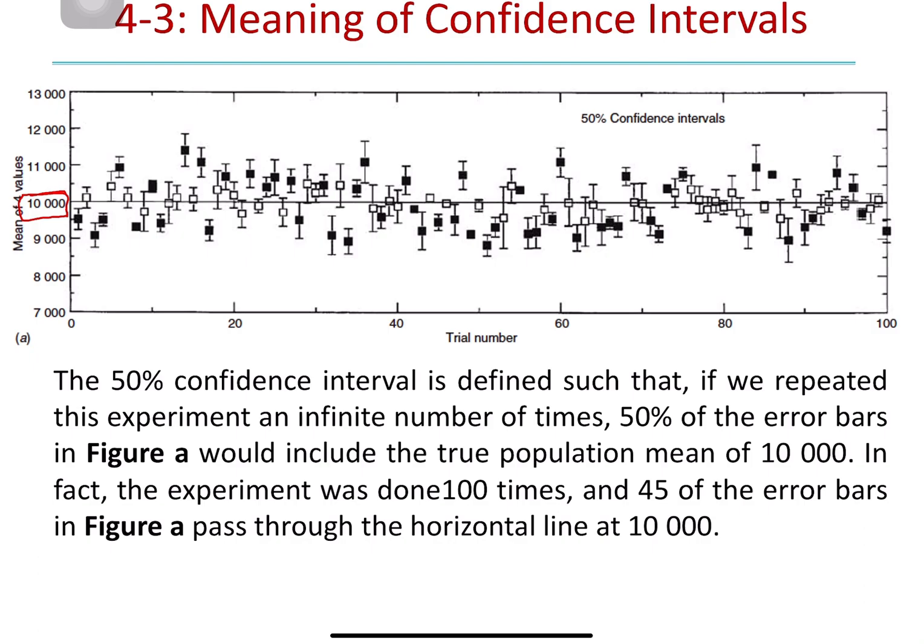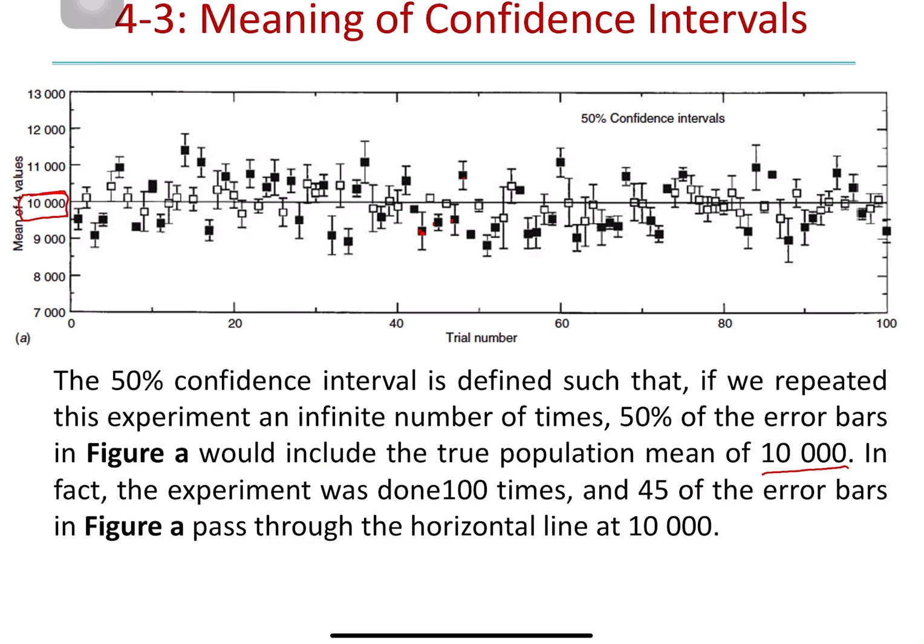Now we only ran this experiment 100 times. So for 50%, we would expect that 50% of the error bars would include the true population mean of 10,000. Every one of these values is the mean, and then the error bar for each time we run our experiment.